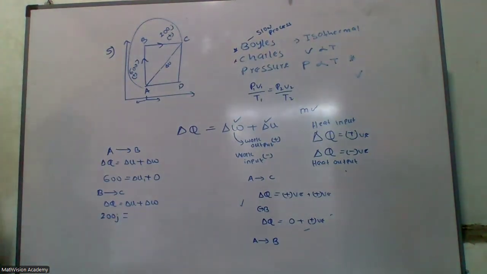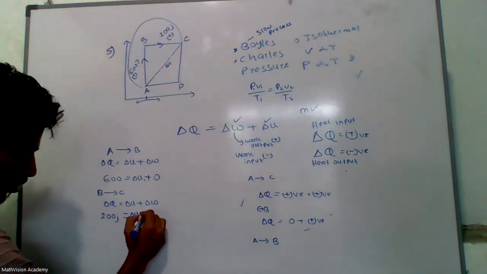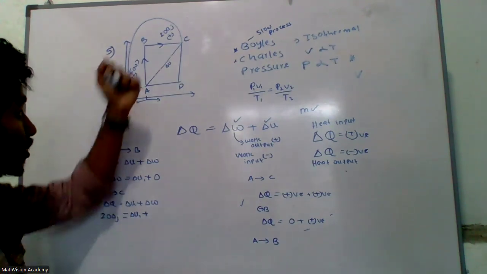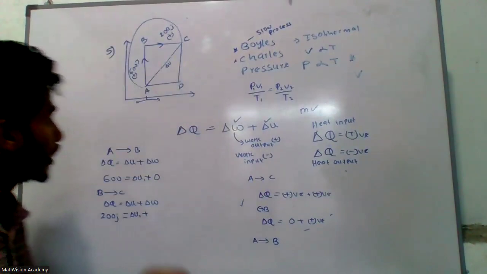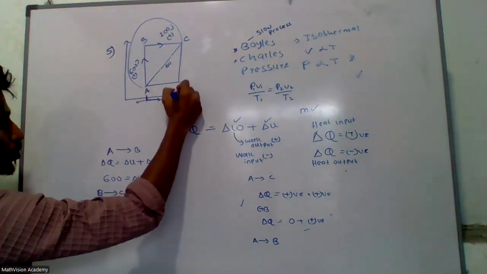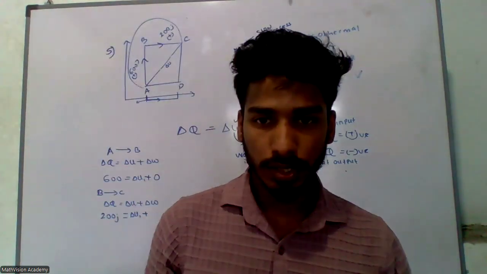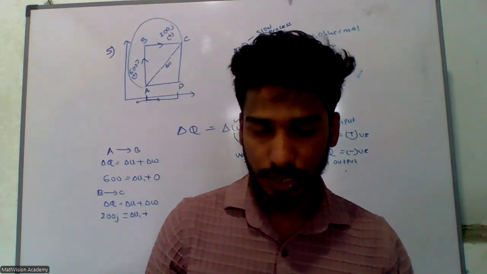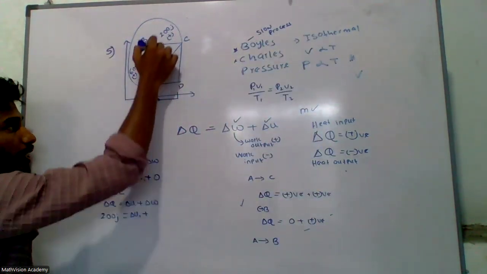And the internal energy change is unknown, delta U2, plus the work done. Now observe, you can't say the work done is 0 because the volume is changing from this point to this point. Okay, so we have to know that volume change. So we have to find the area under the graph, this entire area.